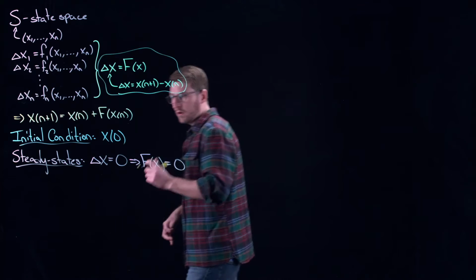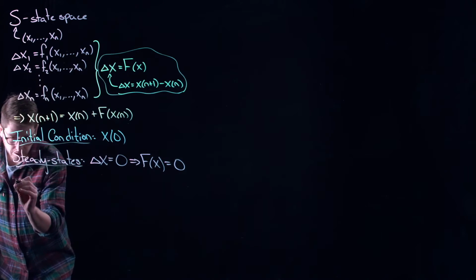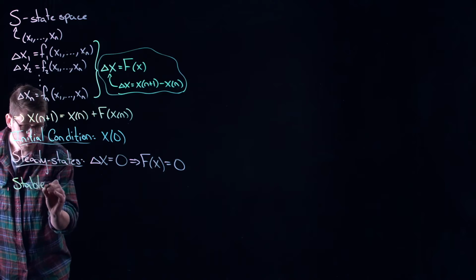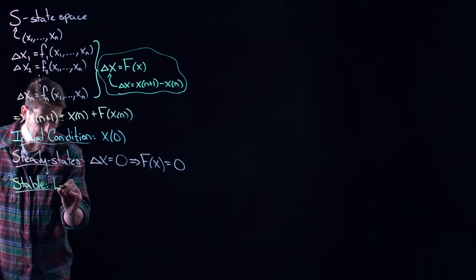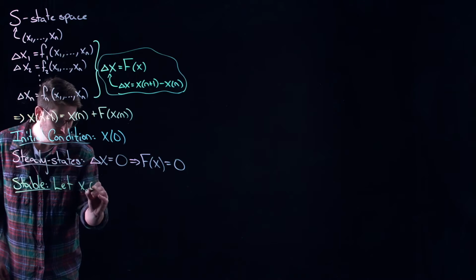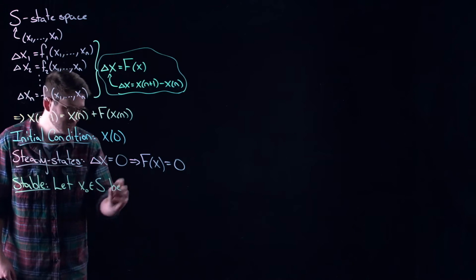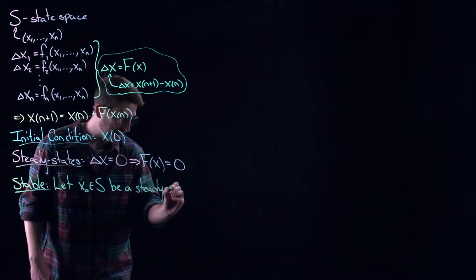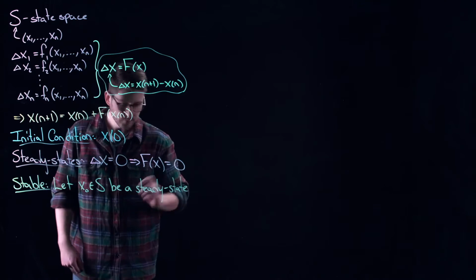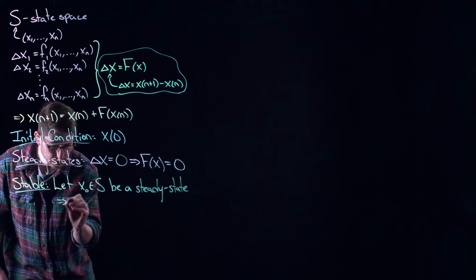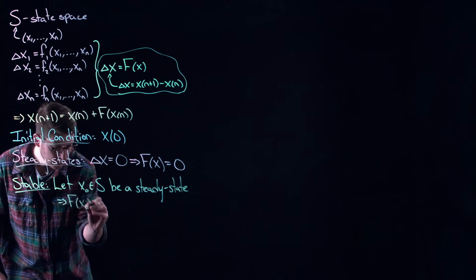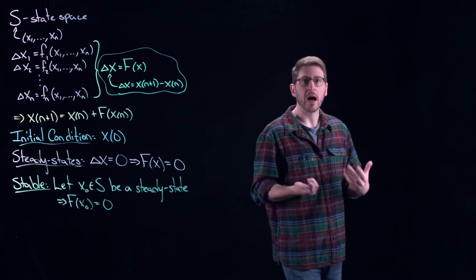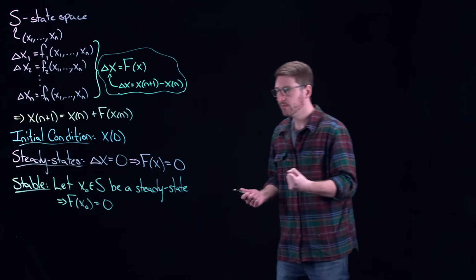Okay, now the last thing that we can think about is what's called stability. So we would say, let's say let x naught in S be a steady state. Okay, so let's imagine we have a steady state. This means that f of x naught is equal to 0, right? I found a root of my update or my change function f.